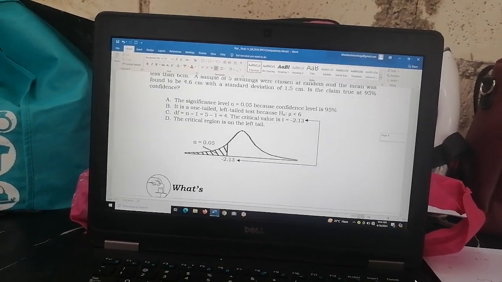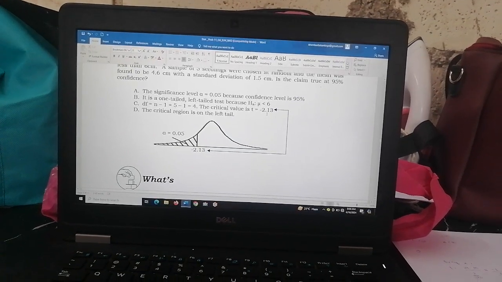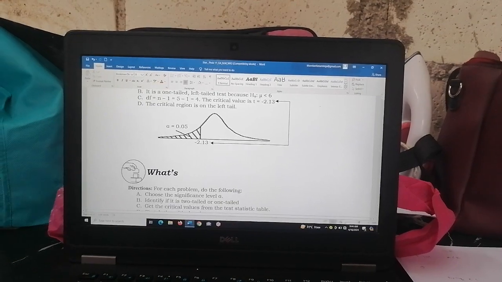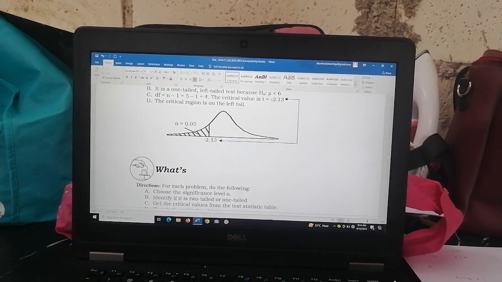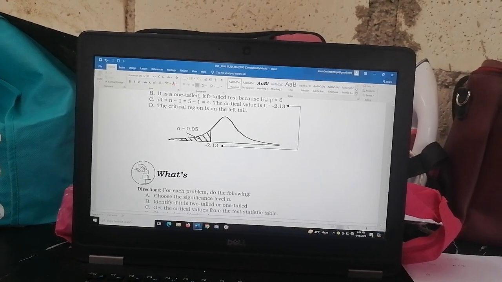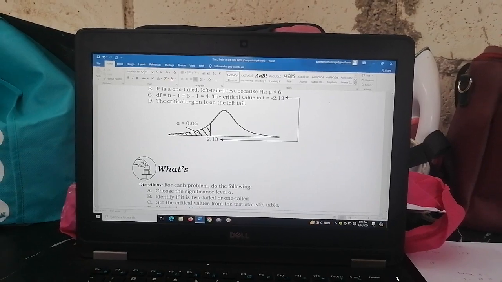So, the critical value is negative 2.13. Our alpha is 0.05, our critical value is negative 2.13, and it is left-tailed, so the shaded part is on the left.